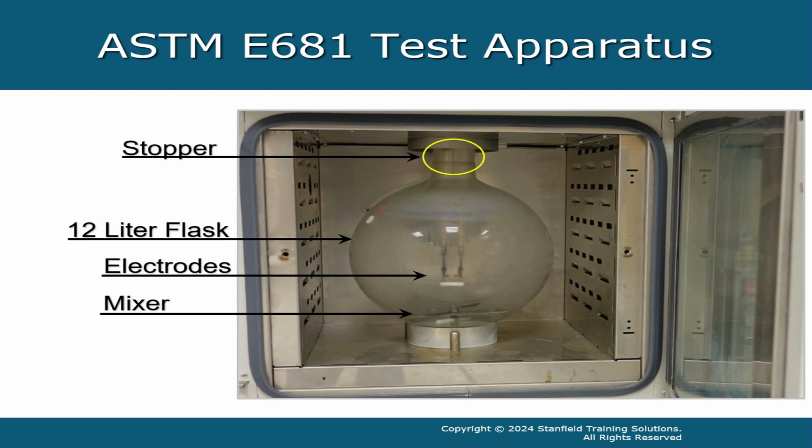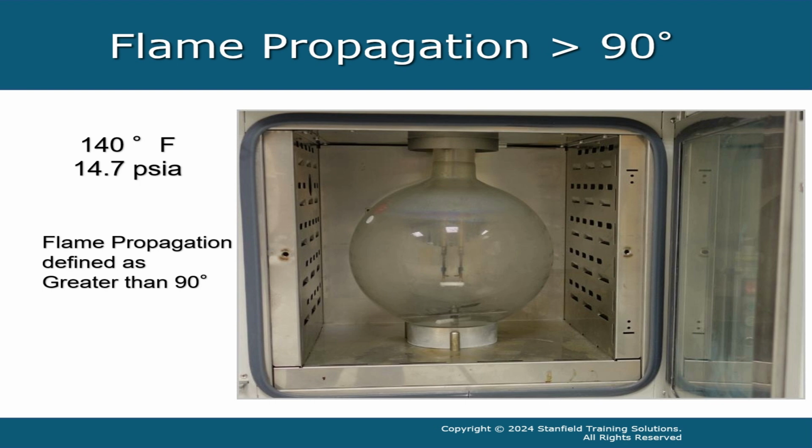They pass through a rubber stopper with a light spring load. The stopper will lift to relieve pressure to avoid exploding the glass flask. The test is conducted at 140 degrees Fahrenheit at a pressure of 14.7 psia, in other words, standard atmospheric pressure.